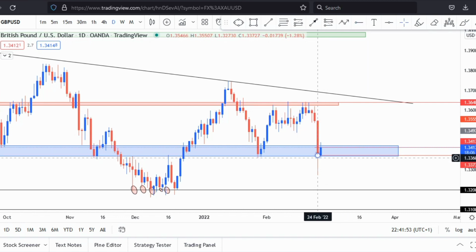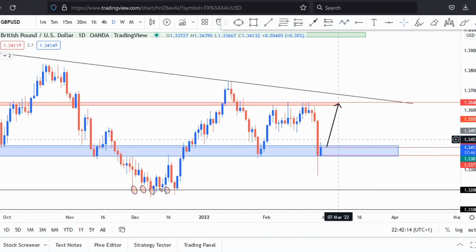So you put one below, another one high, and the way you trade it is if the next candle to form, on the daily time frame, closes above this red line, then most likely the trade will continue in the up direction. And if price on the daily time frame closes below this line here, then price will most likely continue to the downside. So that's how we'll trade the inside bar.